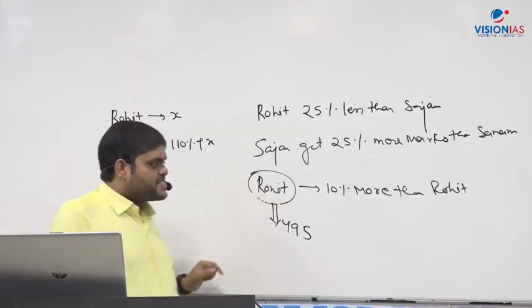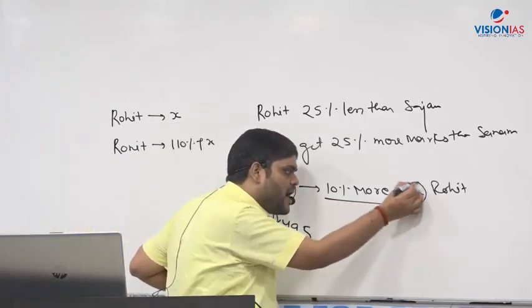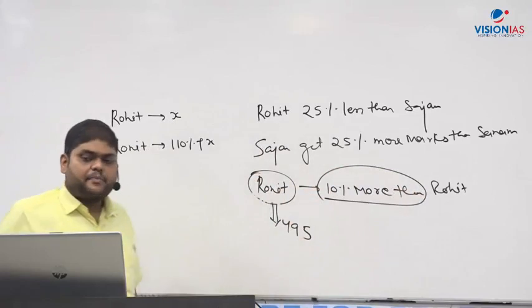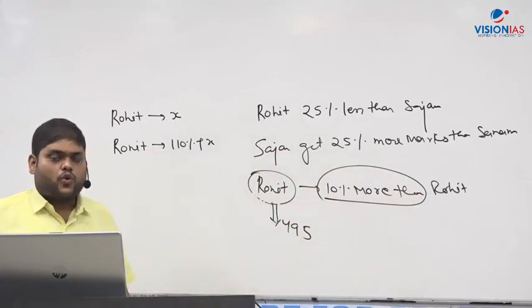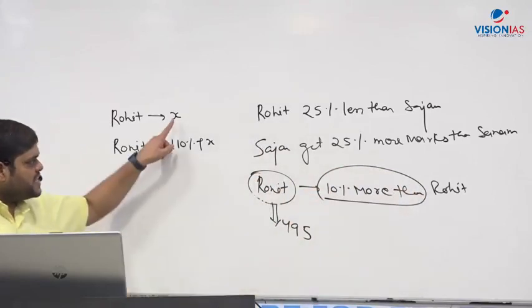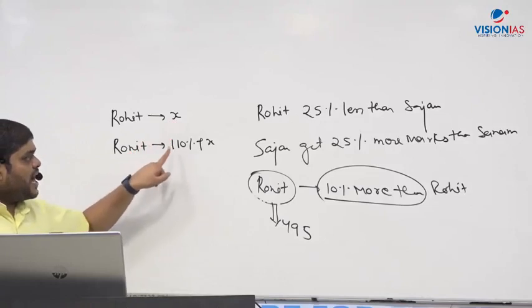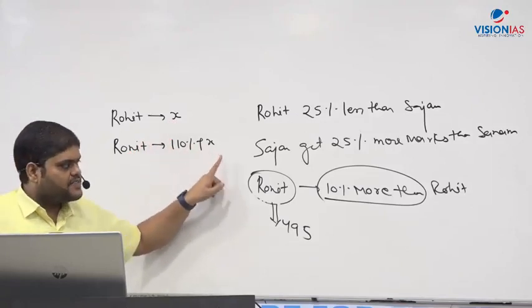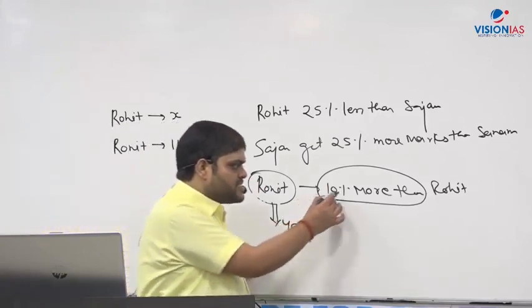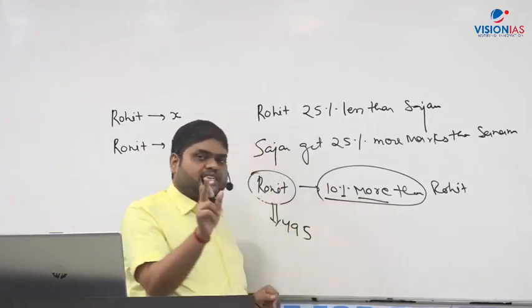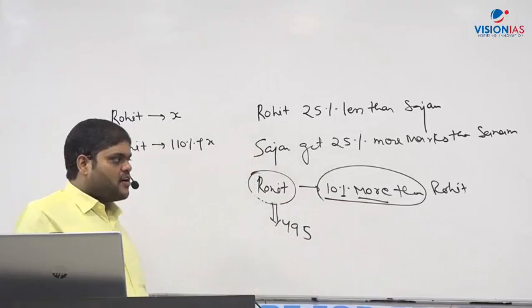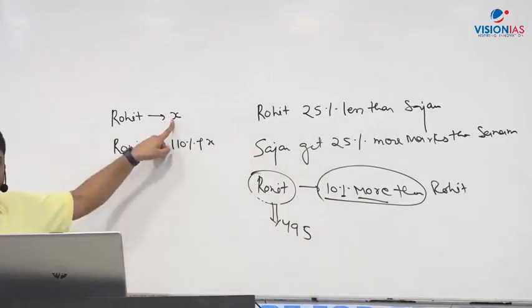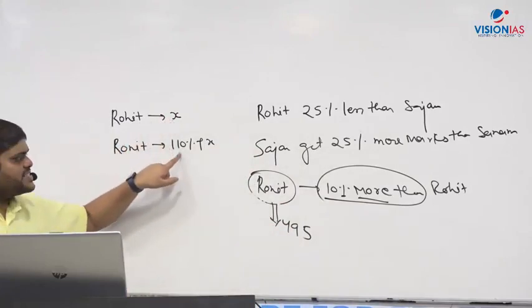Because Ronit is getting 10% more marks than Rohit. Percent more means addition. Already we have done all this. So if Rohit is X, Ronit is 110% of X.